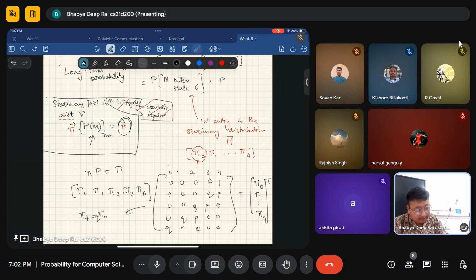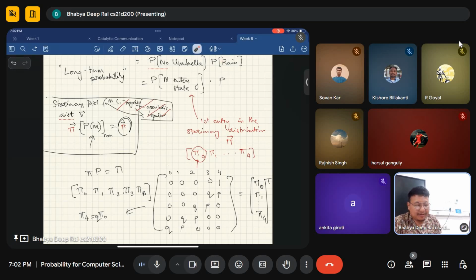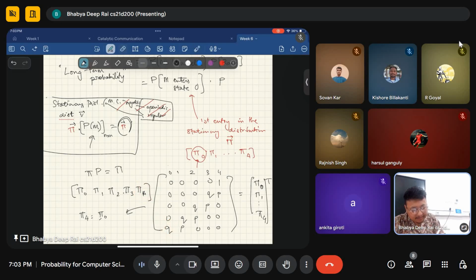You do simple matrix multiplication. How do you get the first element in the vector? This times this, which will be 0 times this entire thing, and pi 4 times Q is the first element in the matrix.